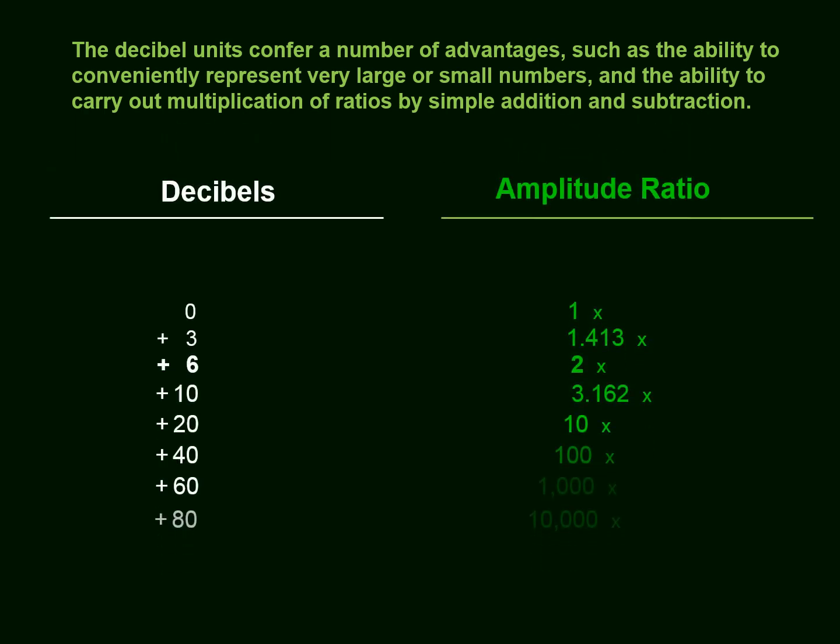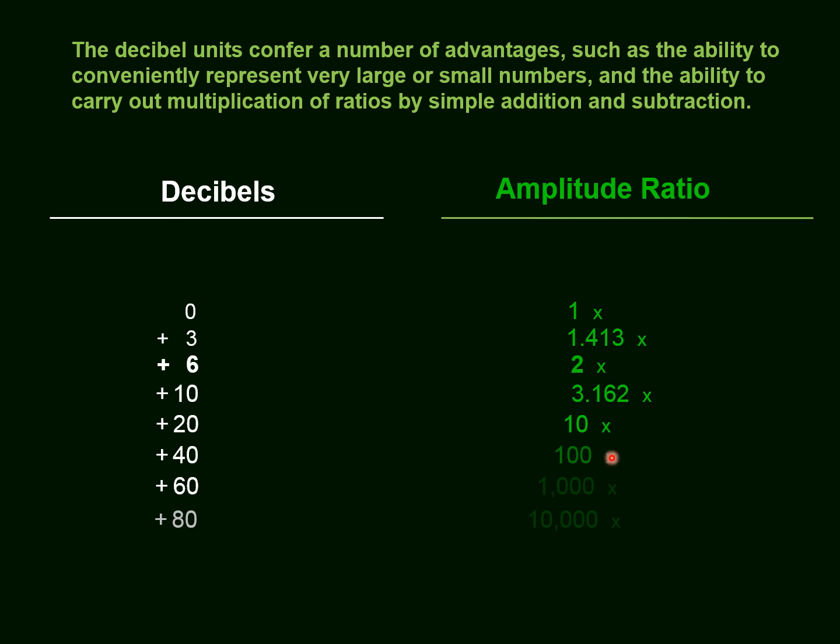On the left we see decibels from 0 to 80 plus. On the right side the amplitude ratio for the amplification. It's easy to see that at low numbers we can understand that, for instance, a little bit more than 3 times amplification means plus 10 decibels, or 10 times amplification means plus 20 decibels.